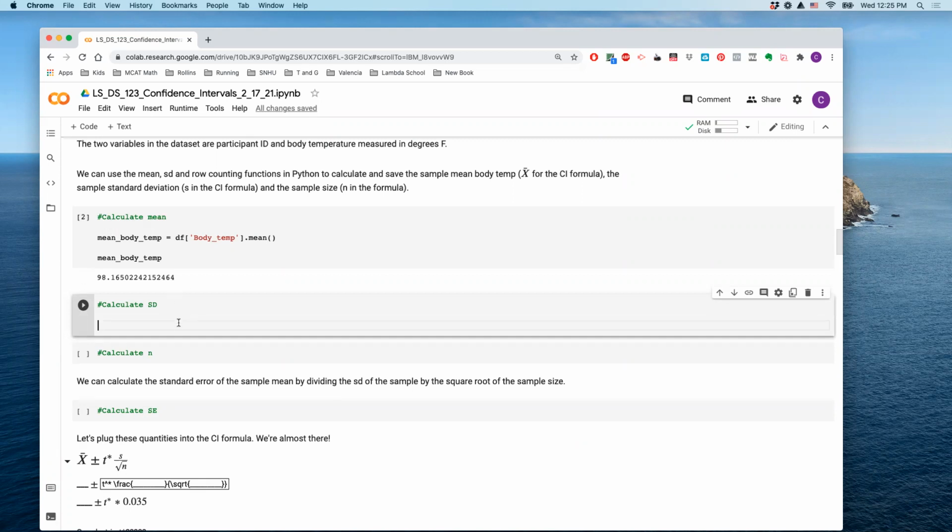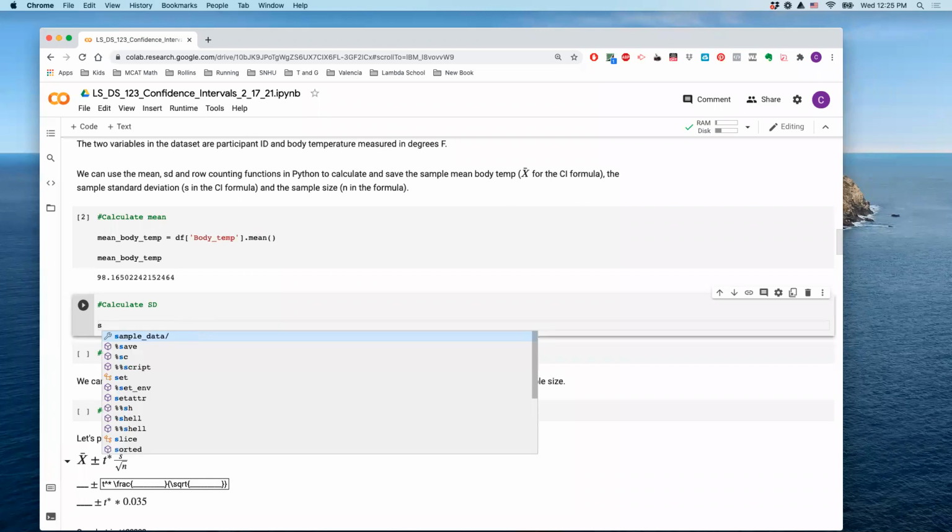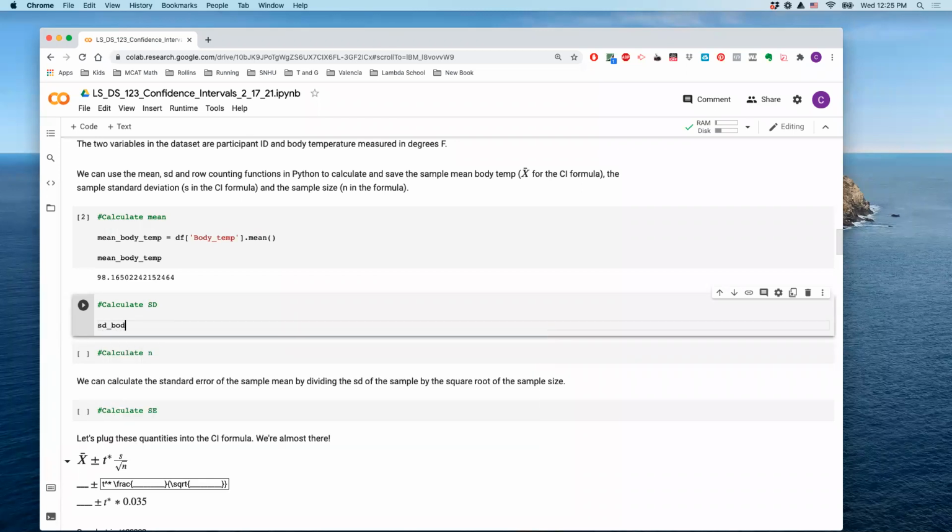So we also need to calculate the standard deviation. What function do I need for the standard deviation? Yep, .std, very good.